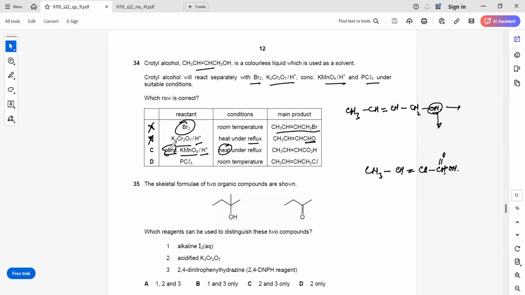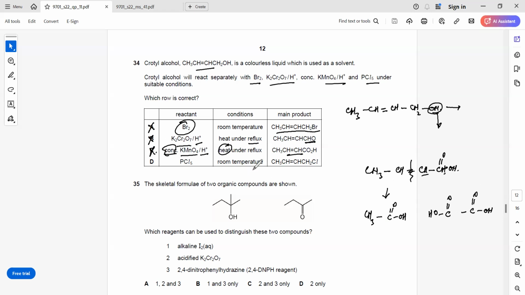But under these conditions, concentrated and hot, this double bond will also break. So we get two products, CH3, C double bond O and OH, and this carbon will also be oxidized. So we get this one, right? So it means option C is also incorrect.